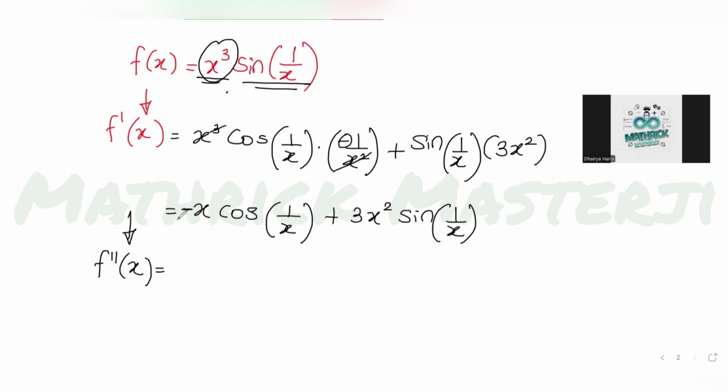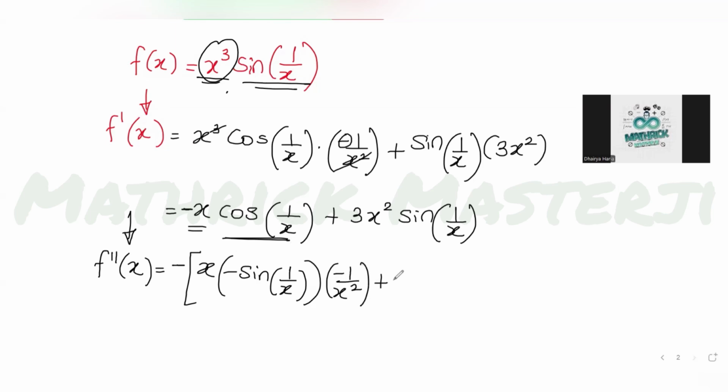Now if I find the double derivative of the same function, minus is already out. Now if I find the derivative of u times v, I get u as it is. Derivative of this would become minus sine of 1 over x into derivative of 1 over x, which is negative 1 over x squared, plus cos of 1 over x as it is, the derivative of x is just 1, plus 3.